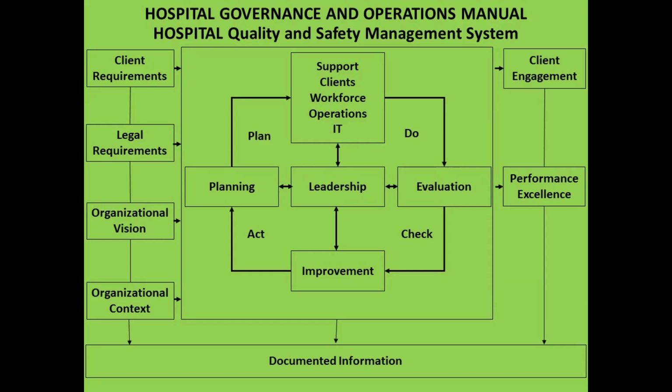So instead of creating another hospital quality and safety management system just for external accreditation, you can make these two the same thing. The hospital governance and operations manual can also integrate or include this hospital quality management system. It doesn't have to be two manuals.